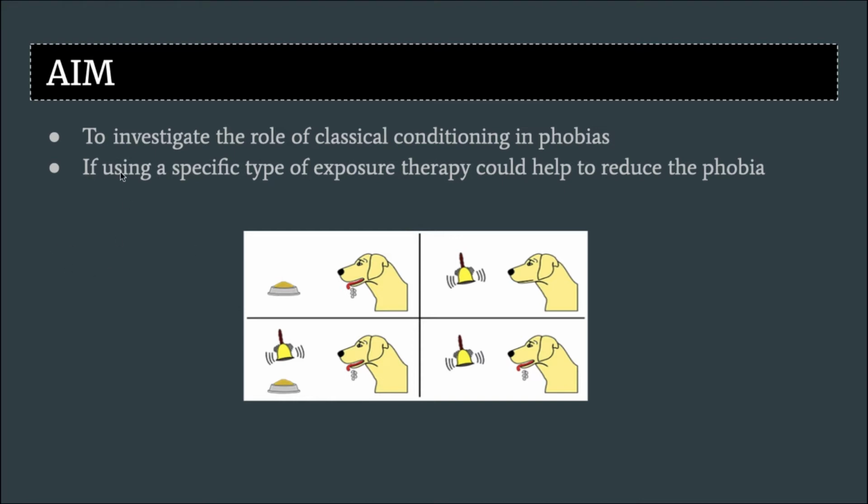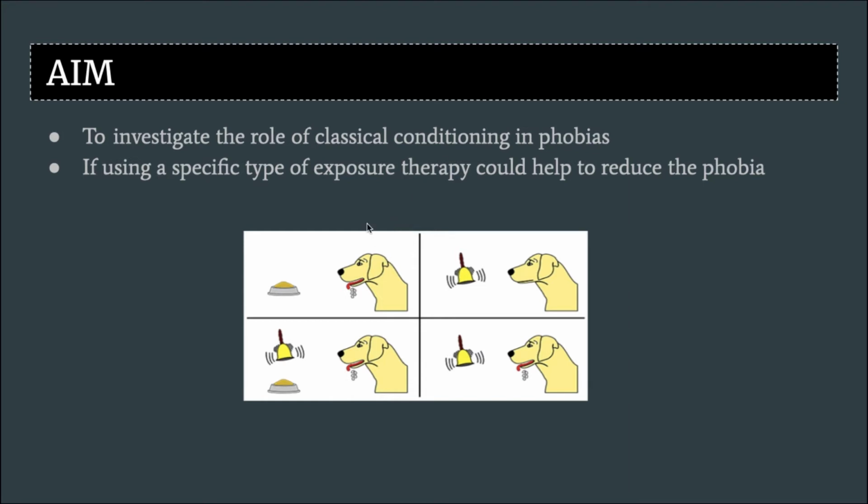So let's move on to investigate the role of classical conditioning in phobias. Classical conditioning is essentially learning by association. It's when an unconditioned response gets conditioned with a previously neutral stimulus to create a learned association, right? So let's take the example of Pavlov's case study that he did on his own dog.